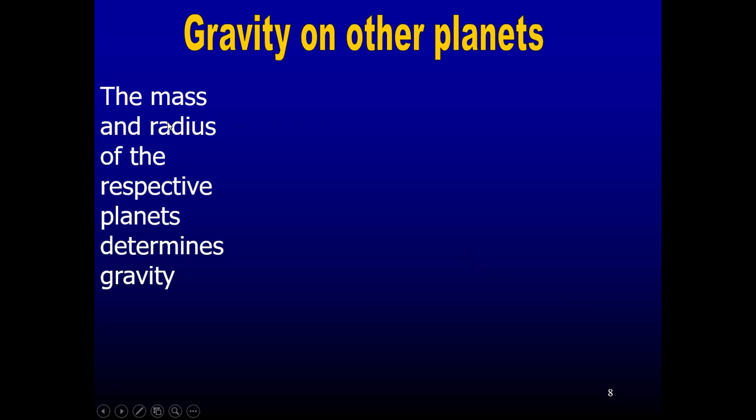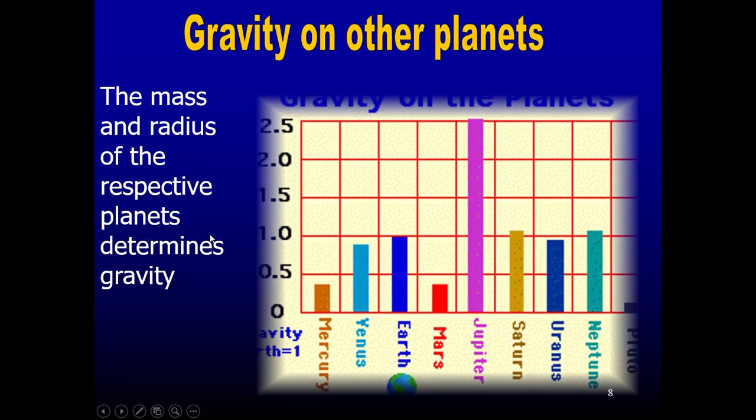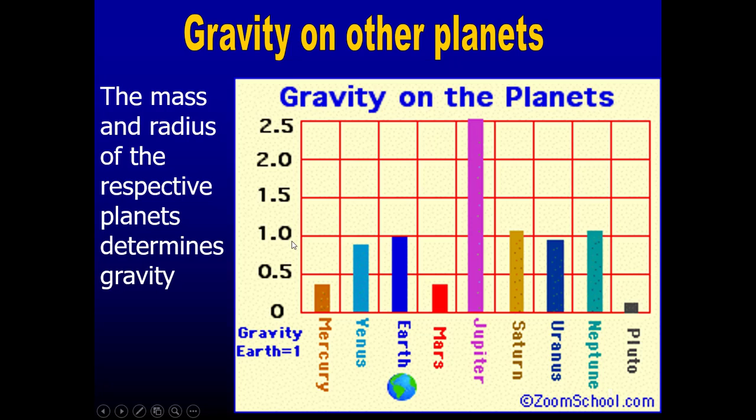Now, gravity on other planets. The mass and the radius of the respective planets determine the gravity. If we take a look at, for instance, the following, where we use the gravity on Earth as 1, and we compare the other planets in our solar system, we can see that Mercury has about 0.4 the gravity of Earth, Venus has about 0.9, Mars also 0.4, and then we get to the bigger planets like Jupiter, which is off the scale.